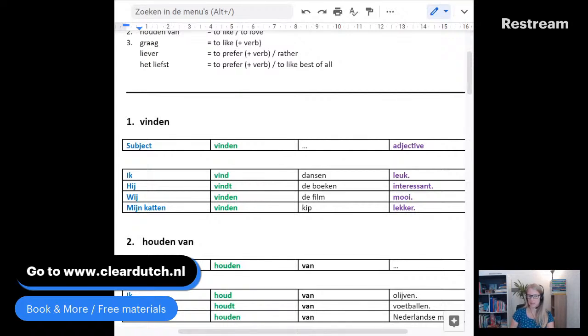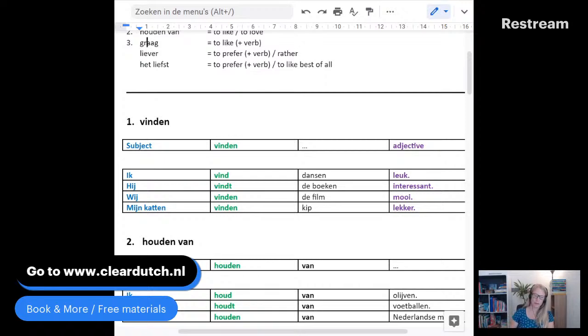Is this clear so far for the vinden part, at least? Maybe you guys have seen it before, maybe not. But this is really necessary to know if you want to do the A2 speaking exam. Okay, goed.